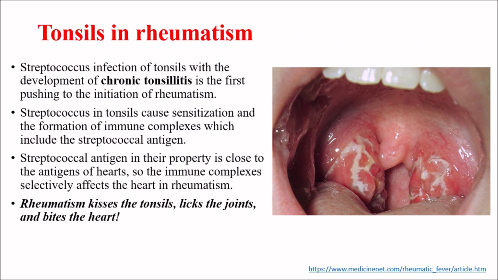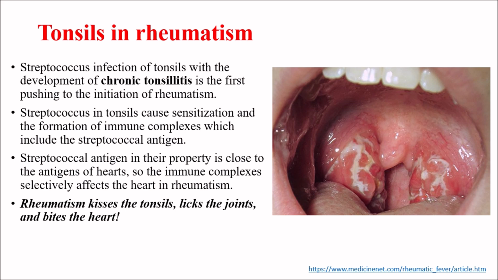Now I would like to inform you about the conditions of the tonsils in the rheumatism, as well as the palatine tonsils. As you know, the streptococcus infection of tonsils with the development of chronic tonsillitis is the first passing to the initiation of rheumatic fever. The streptococcus in tonsils causes sensitization and the formation of immune complexes, which include the streptococcal antigen.